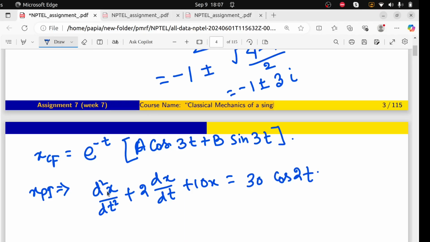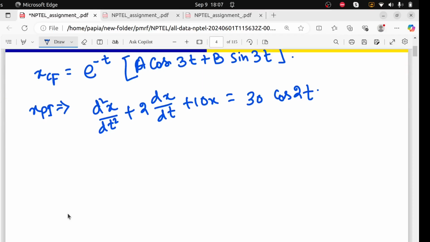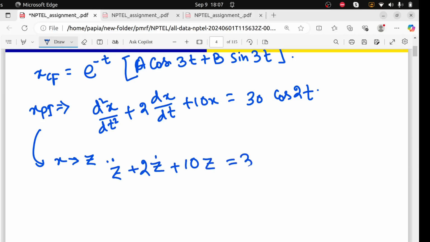To calculate the PI, I will write this x in complex form, let me write it as z. So it will be z double dot plus 2z dot plus 10z equals 30 e to the power 2it, because if I take the real part of this, I get the cos.